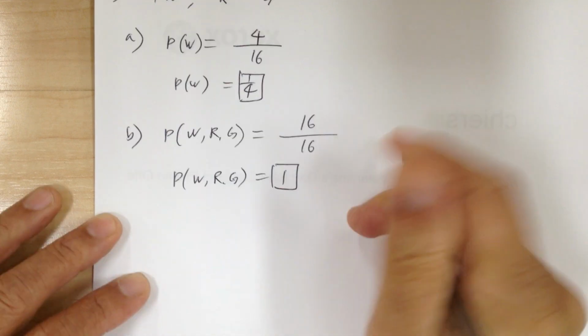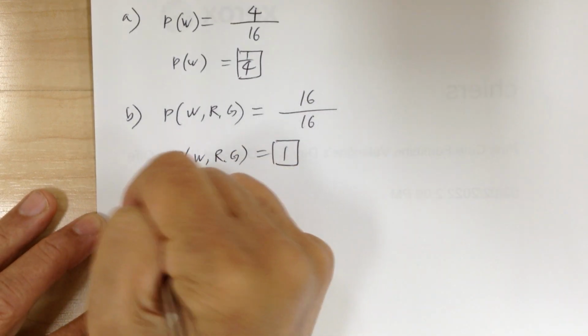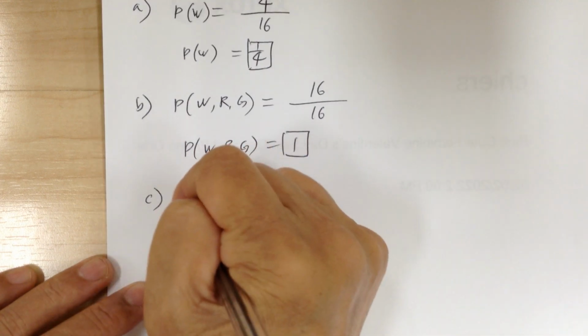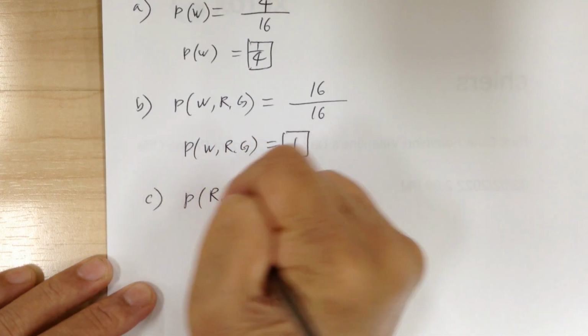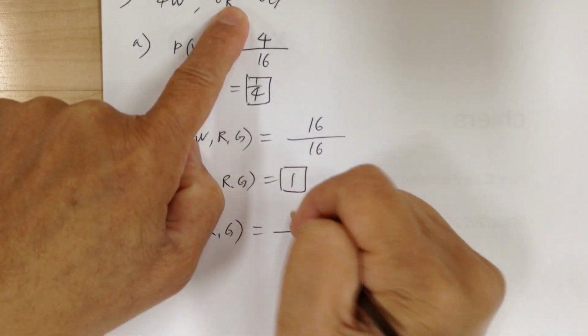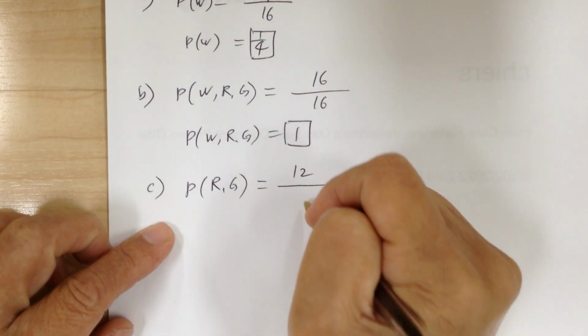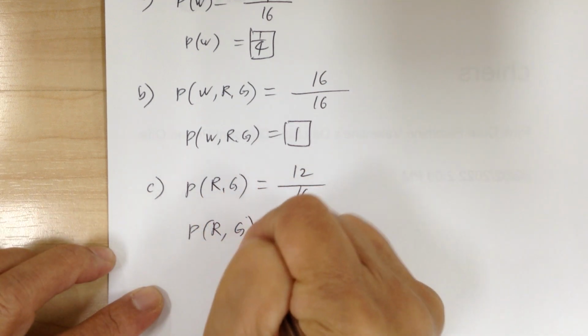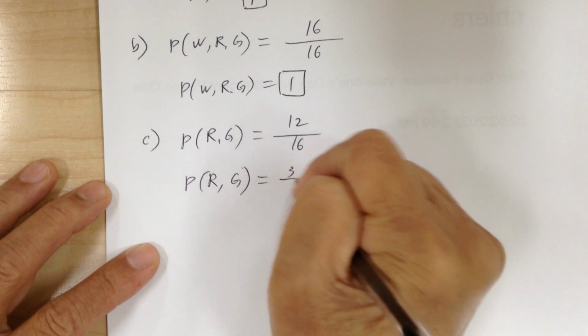Means guarantee you're going to get one of those 3 colors, right? For C, it's red or green. So the probability of red or green. Well, red or green, there are 12 of them, out of 16, so the probability of red or green is going to be equal to 3 out of 4.